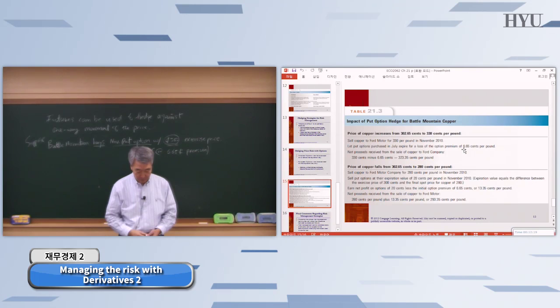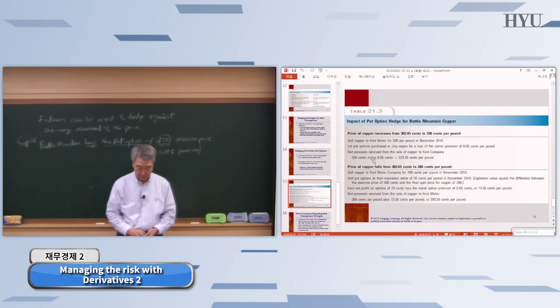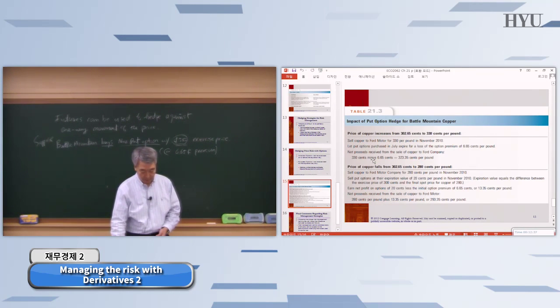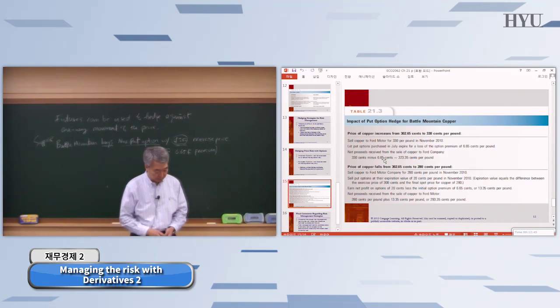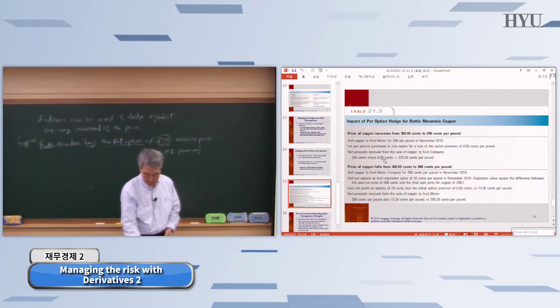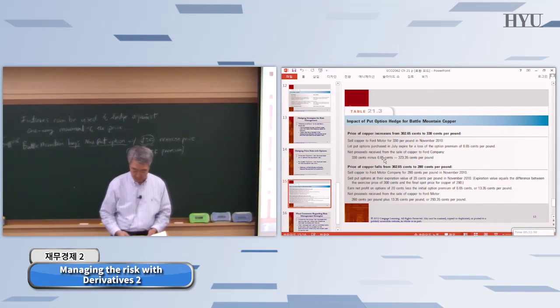So net proceeds received from sale of copper to Ford Company. In case price goes up to 330 cents per pound, then they are receiving 330 cents per pound, but since they have paid 6.65 cents premium, that difference is 323.